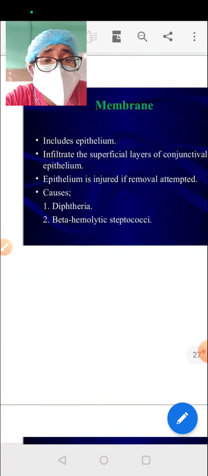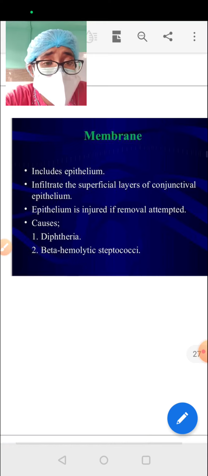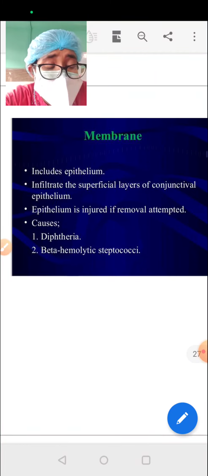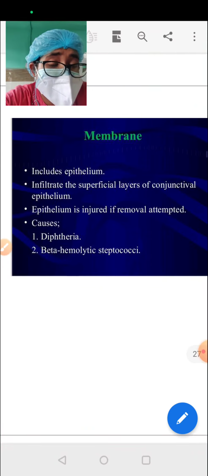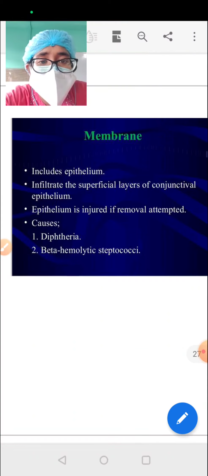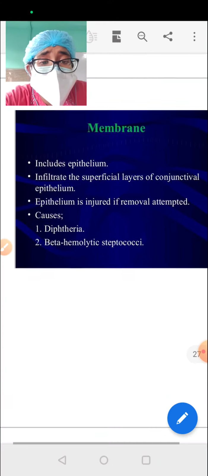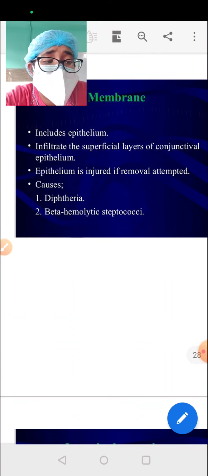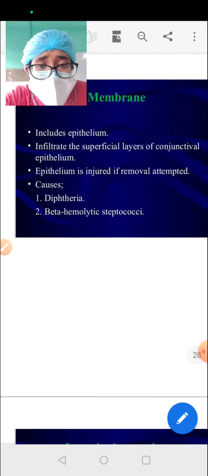But in membranous conjunctivitis, on peeling the membrane, the epithelium is also destroyed, leaving the area raw. That is a true membranous conjunctivitis, caused by diphtheria and hemolytic bacteria.